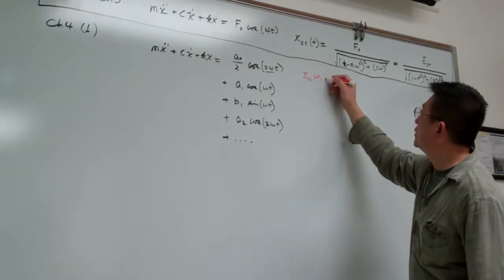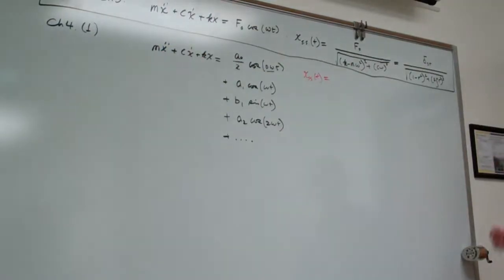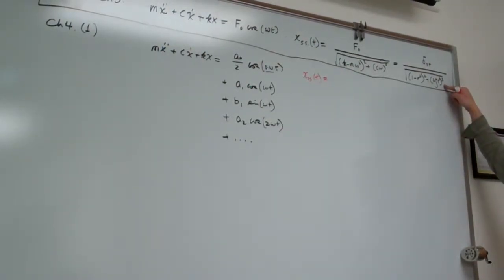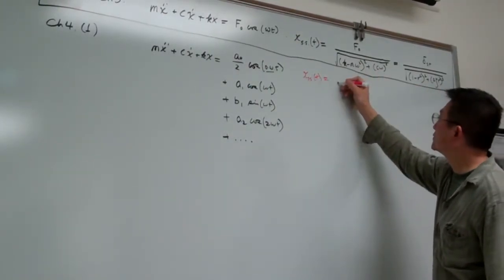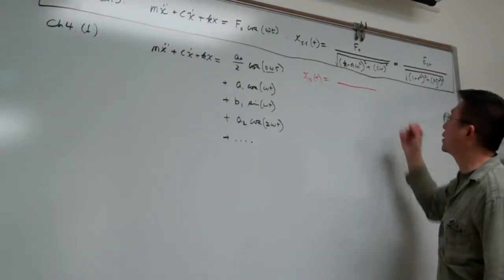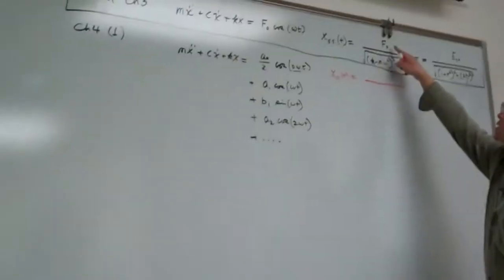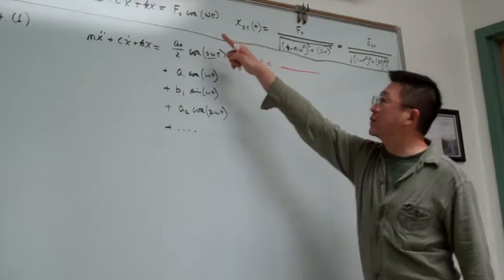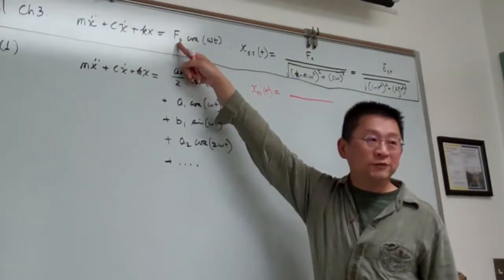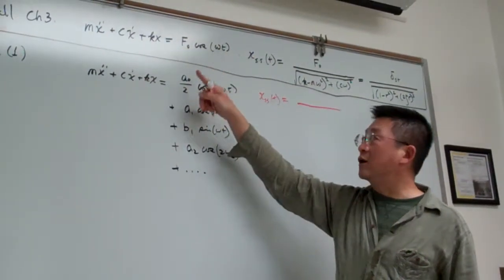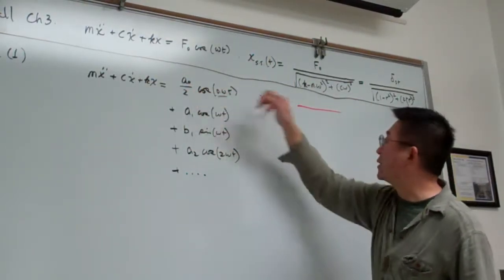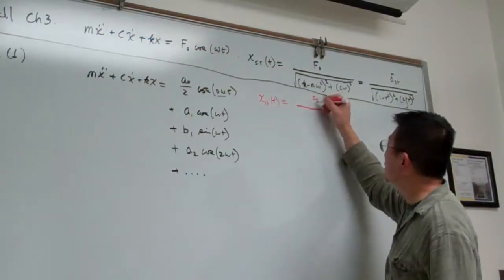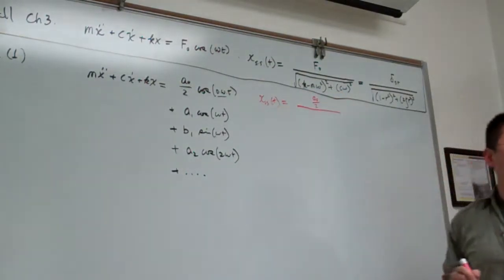XST will be equal to, depending on which form you like. Actually I like to take this one because it is less writing, but let me take both. For this one, what is F naught? Compared to that one, that is the magnitude of the harmonic force. So the magnitude of the harmonic force for this term is a0 divided by 2, right?